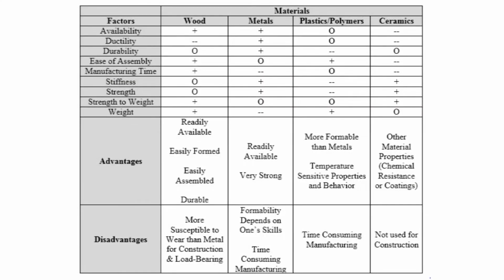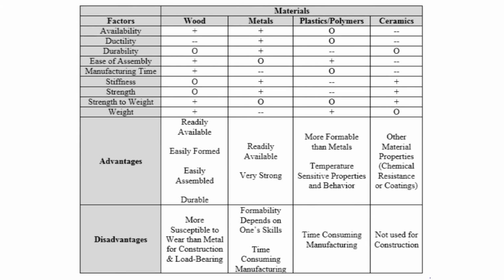Now what you're seeing on the screen at this point is a very basic chart of materials, some of their availability, some of their applicability, some of their advantages, and some of their disadvantages. And what we have on this chart is wood, metals, plastics and polymers, and ceramics.